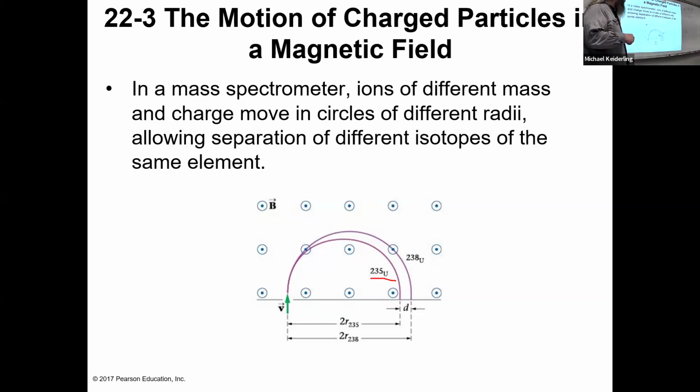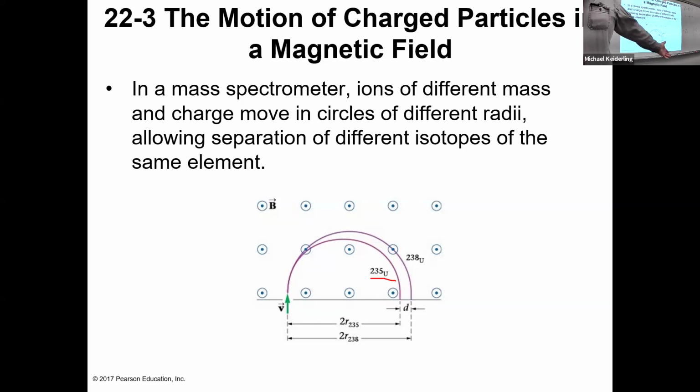They'll move in circles of different radii, and you can separate things out by their mass. In this example, we're separating uranium-235 from uranium-238, because their radii are proportional to the mass, and they'll be slightly different.